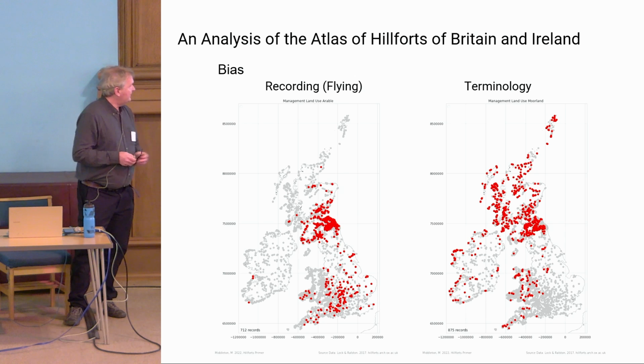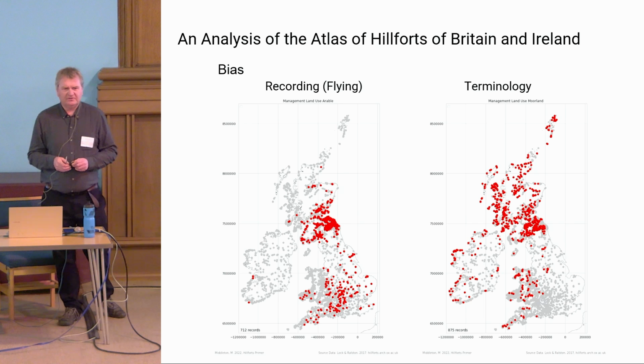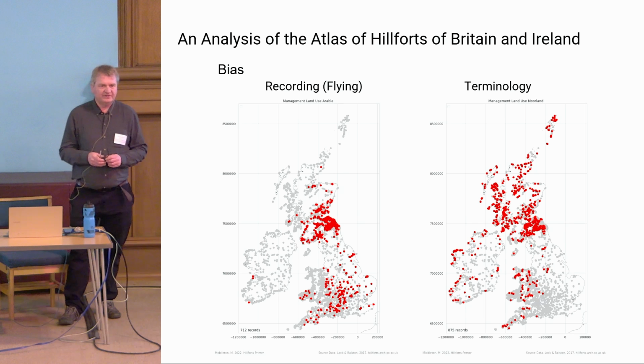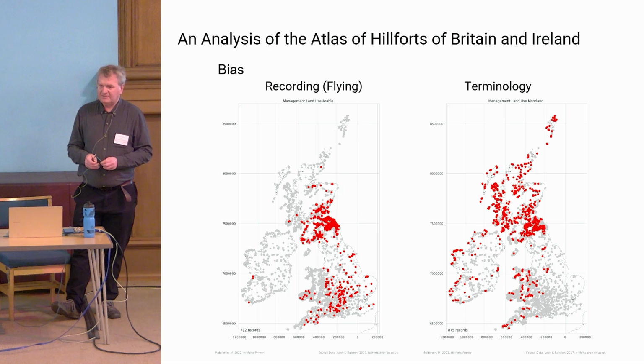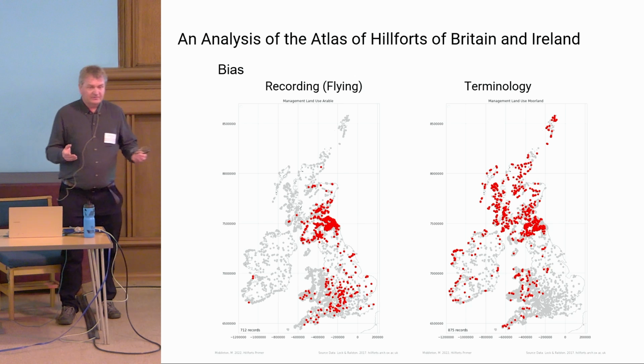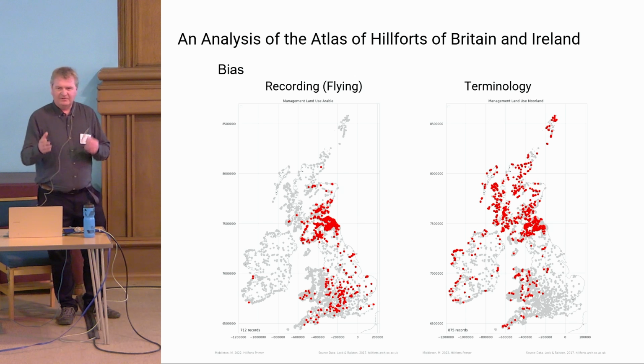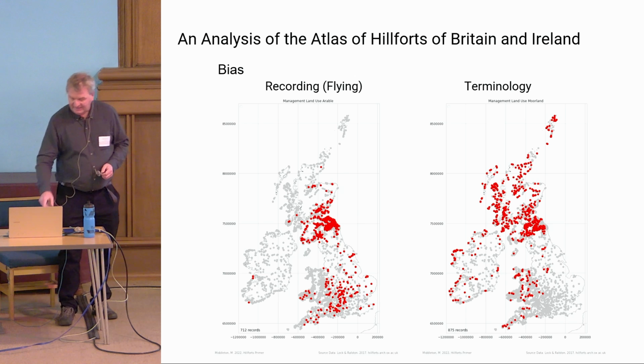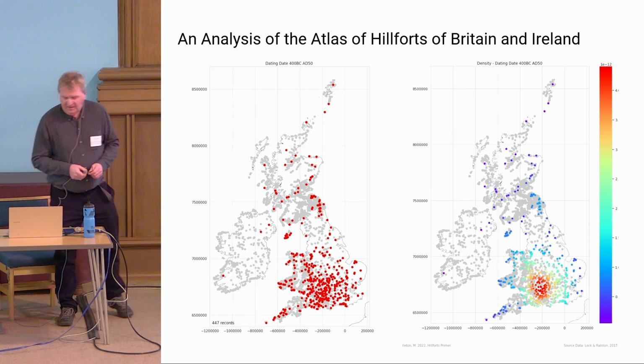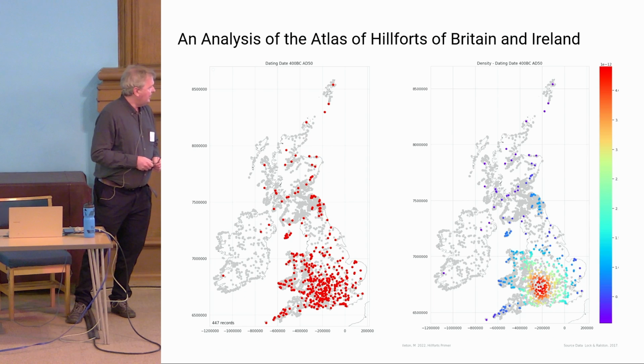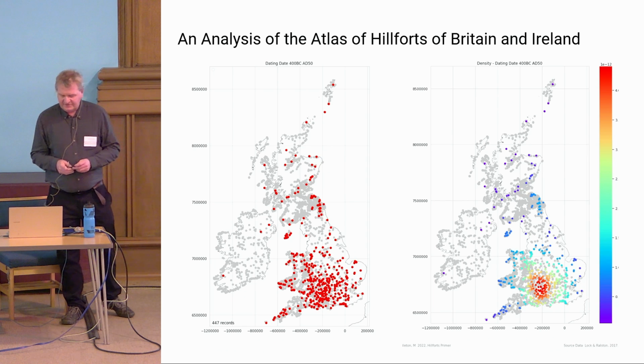On the other side there, on the terminology, we've got different terminologies used in different parts of the country, and this highlights where there's potential work still to be done in terms of harmonizing language across the Atlas. And then we've got things like this, where we've got a cluster right over the south, over Wessex, for instance.